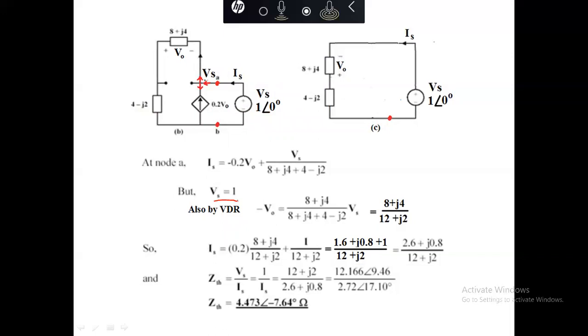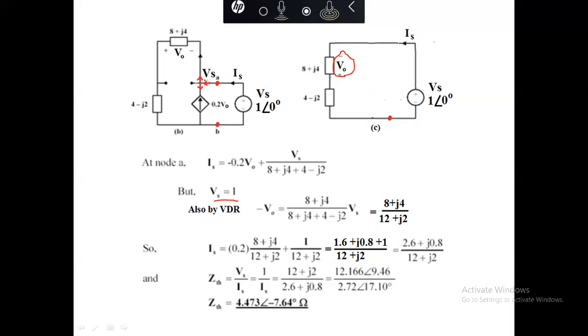The Vs value is 1, and we also apply the voltage divider rule to find the value of this V out. For this, we are not considering this network.